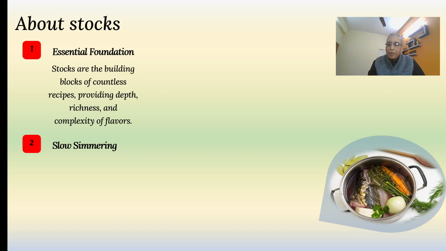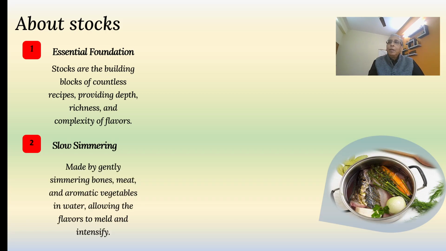It is made by gently simmering bones, meat, and aromatic vegetables in water, allowing the flavor to meld and intensify. That is the purpose. If the flavor is intensified in the stock, automatically it will be intensified in the final product.